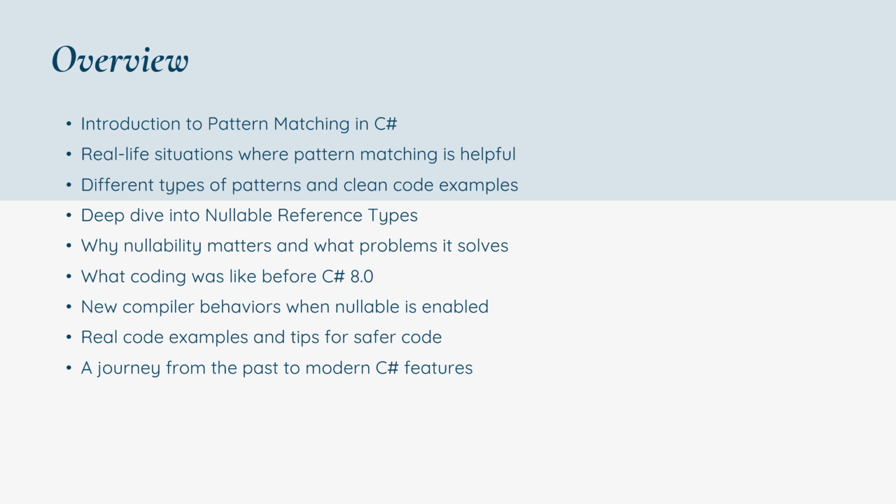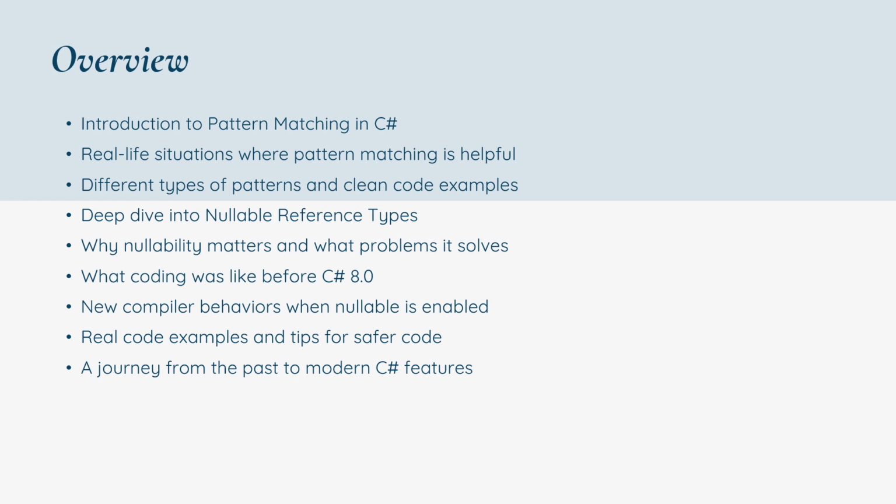This presentation covers several important features and improvements in modern C#. We will explore pattern matching and how it helps write cleaner and more readable code by simplifying type and value checks. Next, we will examine nullable reference types, a key feature designed to help prevent null-related bugs.